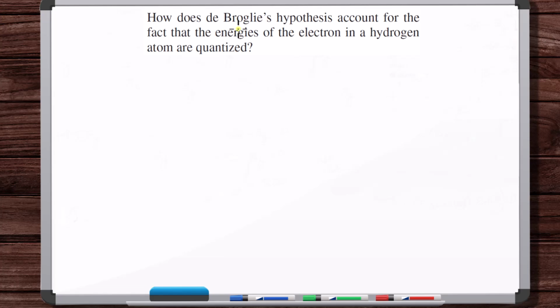How does de Broglie's hypothesis account for the fact that the energies of the electron in a hydrogen atom are quantized? Well, de Broglie reasoned that if light waves can behave like a stream of particles, photons, right? That was after Einstein's theory, based on the photoelectric effect, that light was a stream of photons.